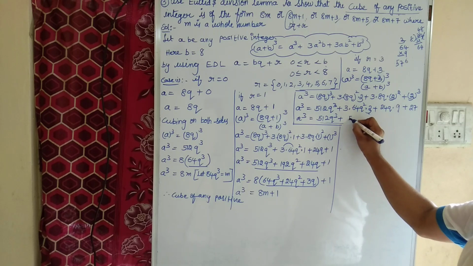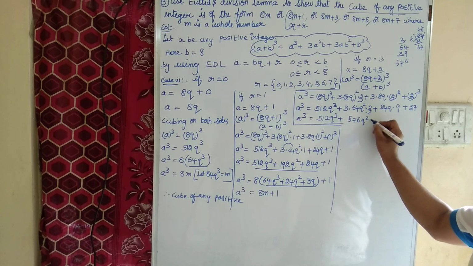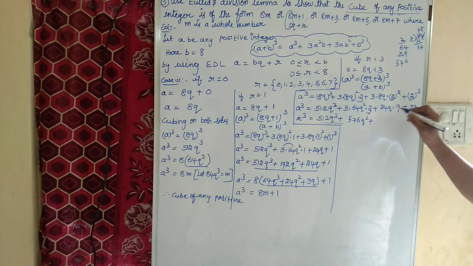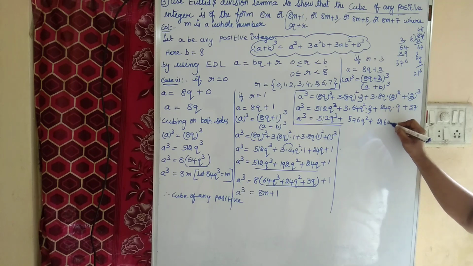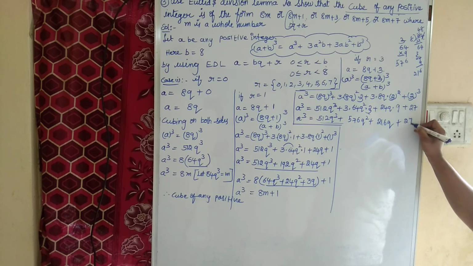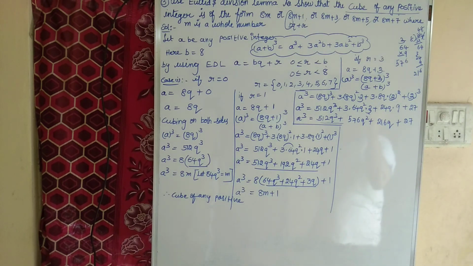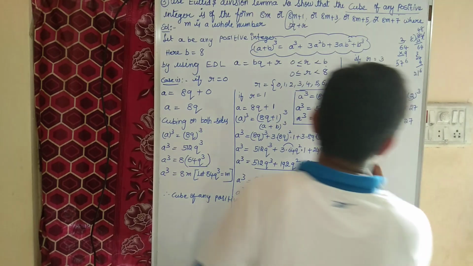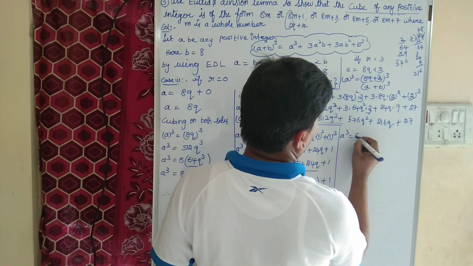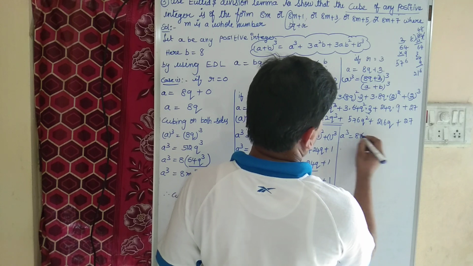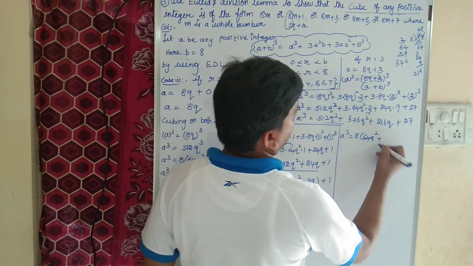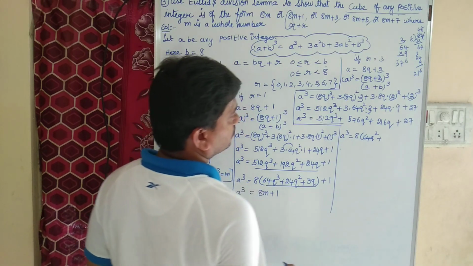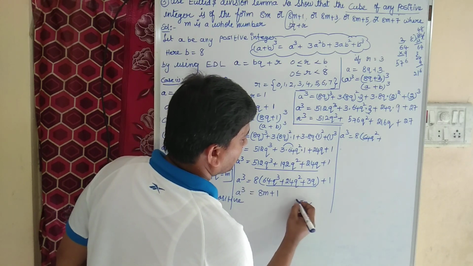So this will become 576 cube square. 24 into 9, 9 4 is 36, 9 2 is 18 plus 3, 21, plus 27. Right? Now, yes, we got it now. Let us take 8 common. 8, how much of 512? 8 64 the. 8, how much of 576? 576 divided by 8.